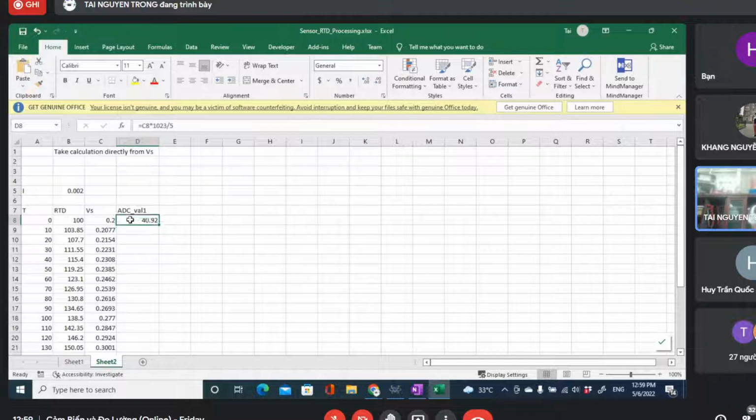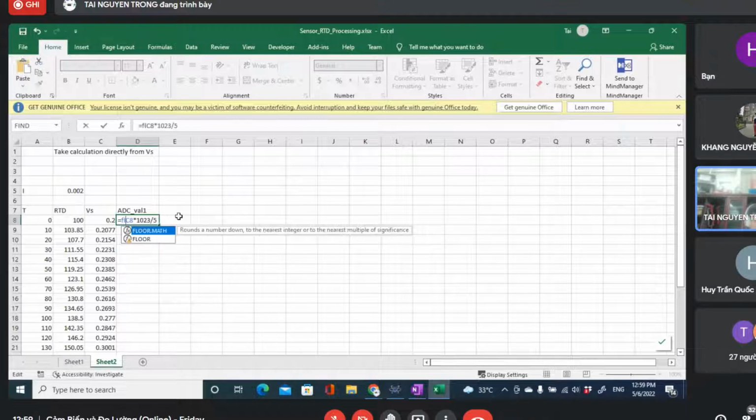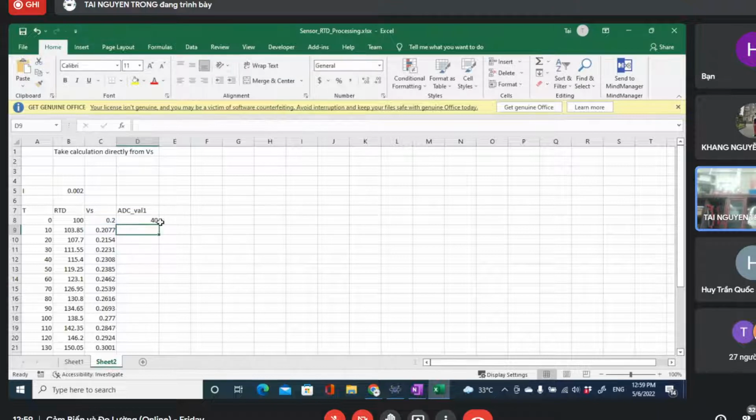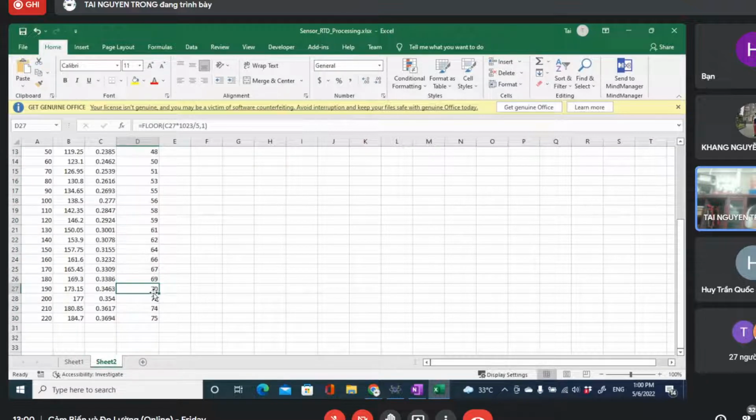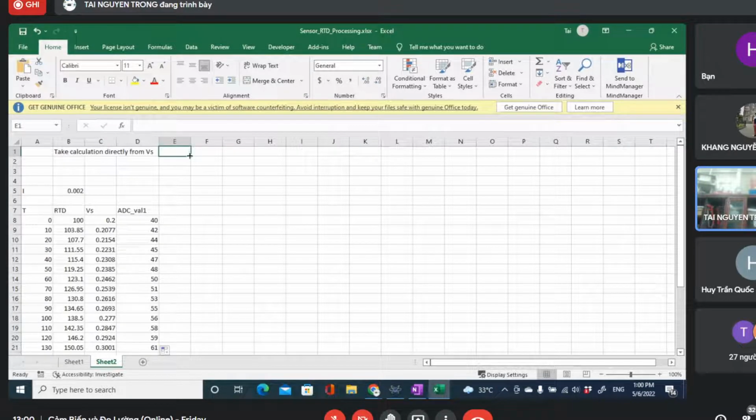Okay, and the value we reach in this case will be nearly 40. Divided by 5. Okay, nearly 40. And as you can see, the maximum is at 272. And we can take the resolution.